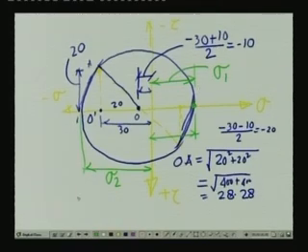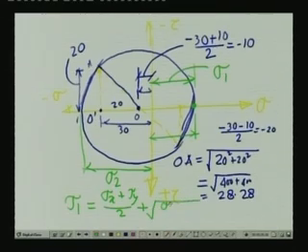So, sigma 1 is equal to, as we have seen earlier, sigma x plus sigma y by 2 plus the root of sigma x minus sigma y by 2 squared plus tau xy squared, and this particular quantity is nothing but the radius, which is equal to 28.28.